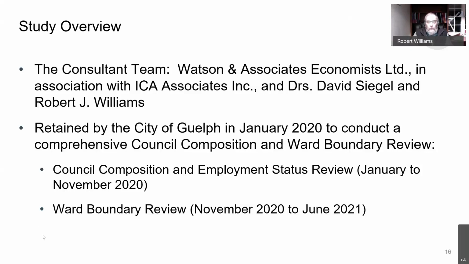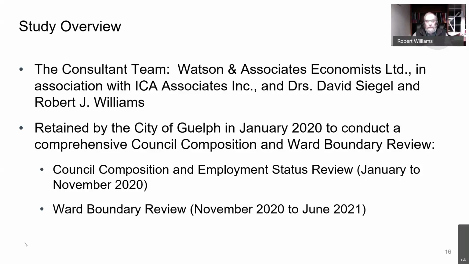And we were retained by the City of Guelph a year ago, last January, when we thought it was all going to go normally and have lots of meetings in the community. But we're to conduct a comprehensive council composition and ward boundary review. And the first part of that essentially is looking at the size of council and the way the electoral system is structured, with further discussions about the possibility of councillors working on a full-time basis as opposed to a part-time basis.